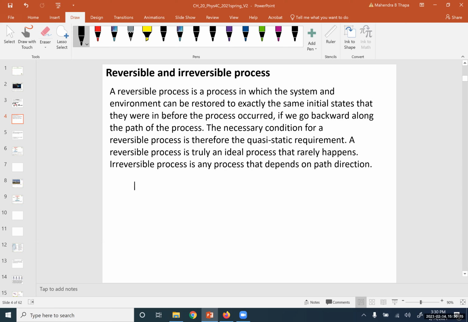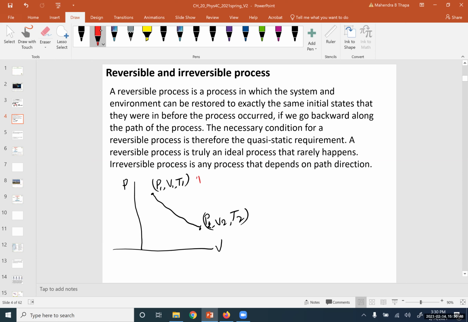If we draw a graph of P and V, the initial state could be P1, V1, and T1, and the final state could be P2, V2, and the temperature T2.